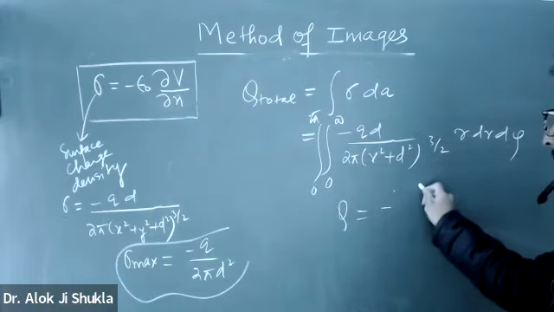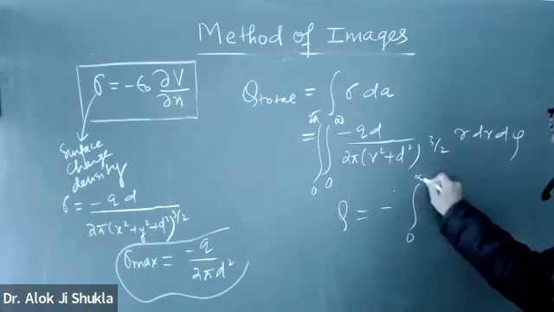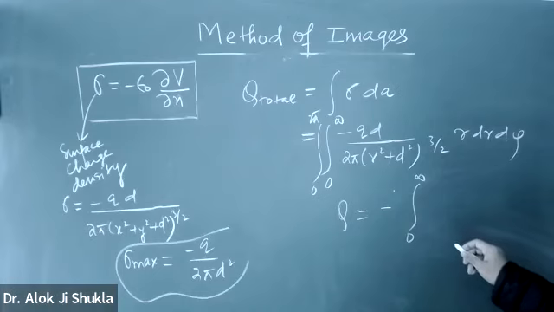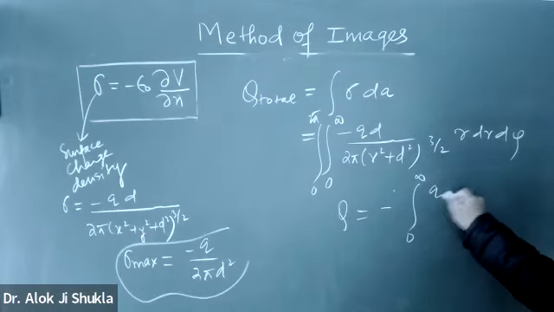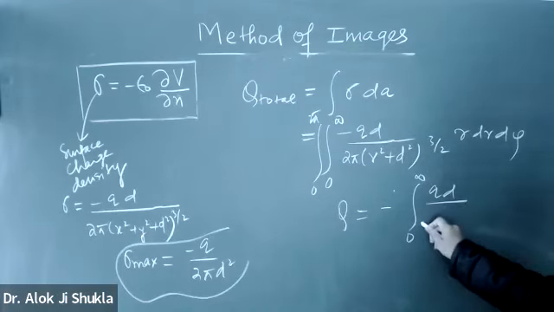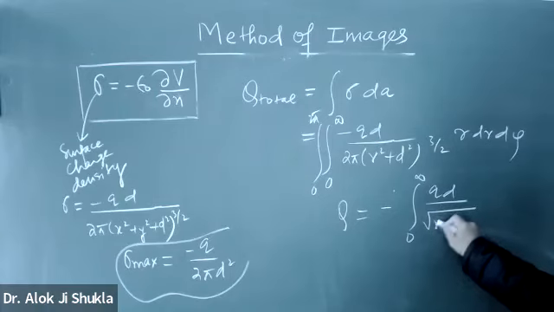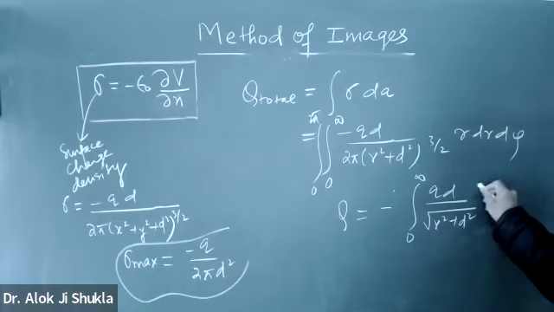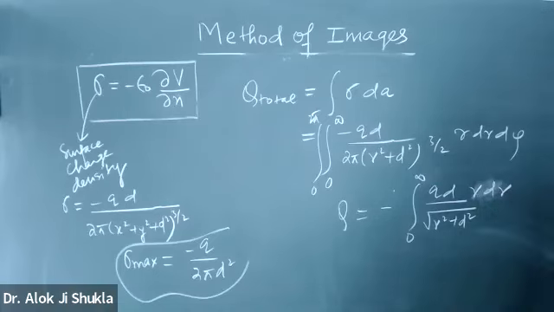The next integral will become minus integral 0 to infinity qd r dr by (r square plus d square) to the power 3 by 2. Only this much will remain.